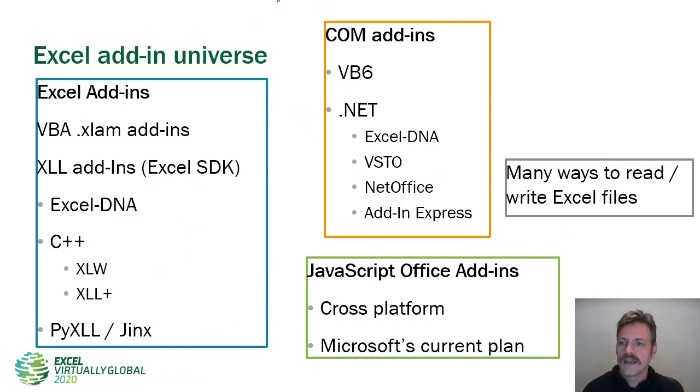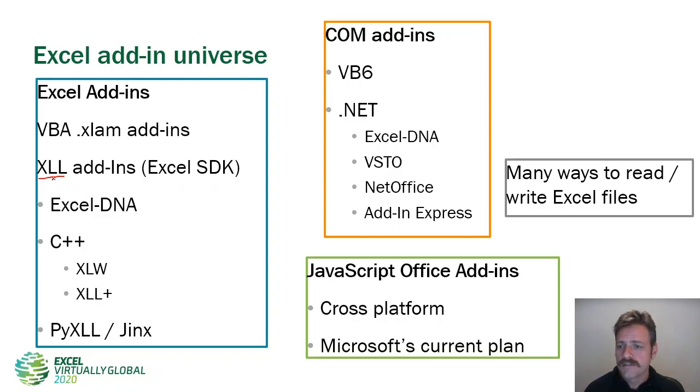Under that Excel add-ins option, there are the VBA add-ins, and then there are XLL add-ins, which are these native code add-ins developed with what I mostly call the C API, and it's as described in the Excel SDK.